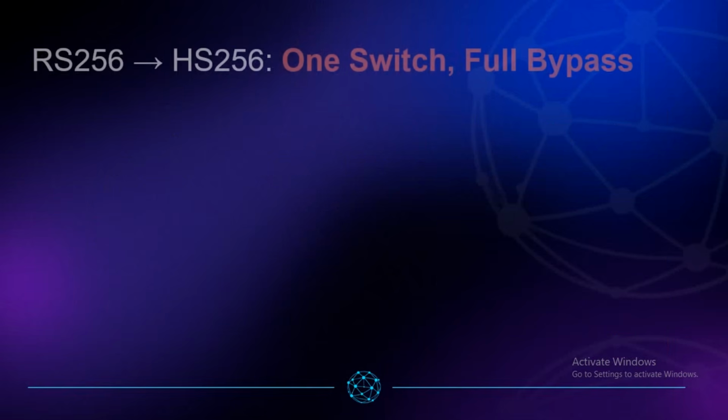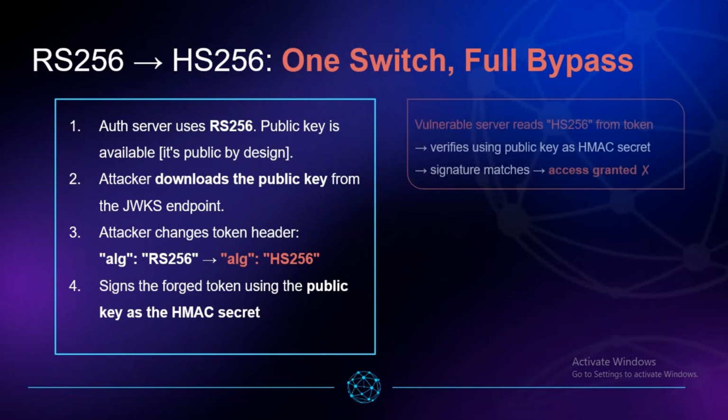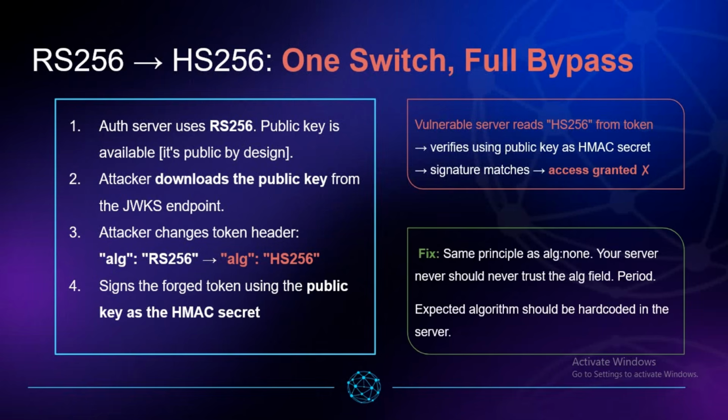The second attack that shares the same root cause is the algorithm confusion attack, which is more subtle and honestly more elegant in a terrible way. Your authentication service uses RS-256. The public key is by design publicly available. It's on your JWKS endpoint. The attacker downloads it, then they change the algorithm in the token header from RS-256 to HS-256.